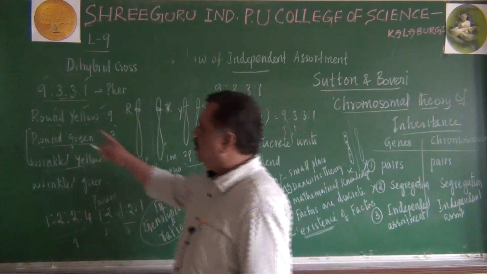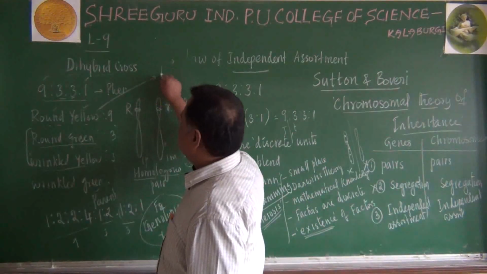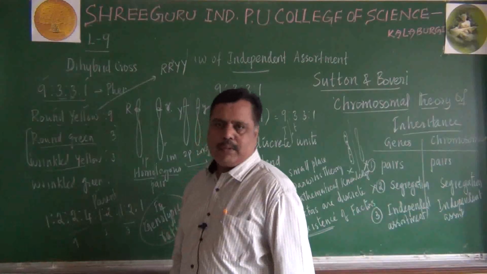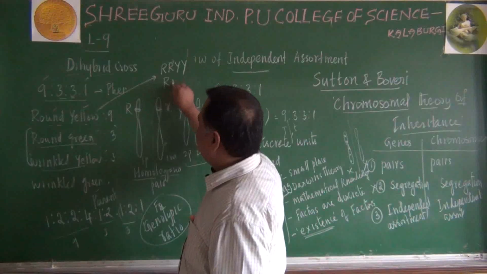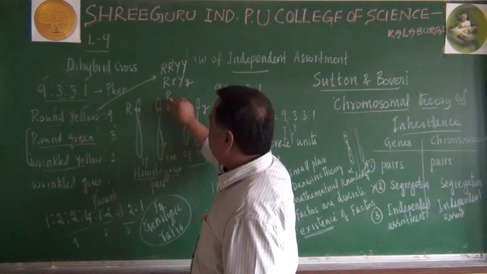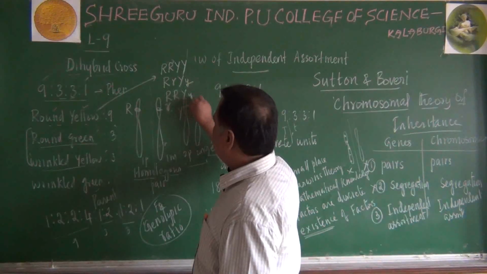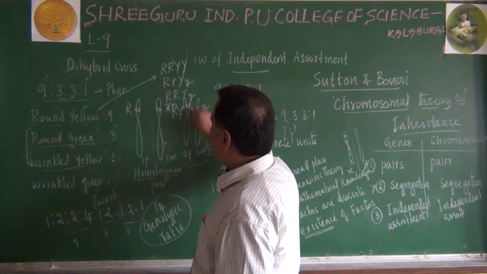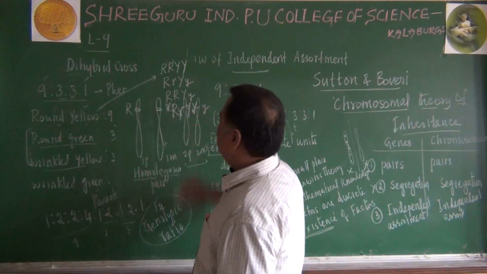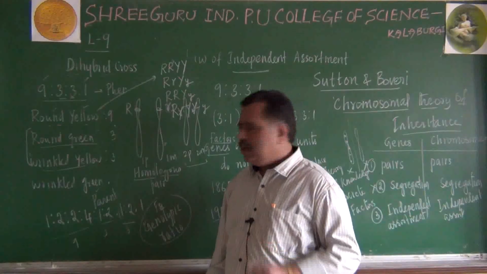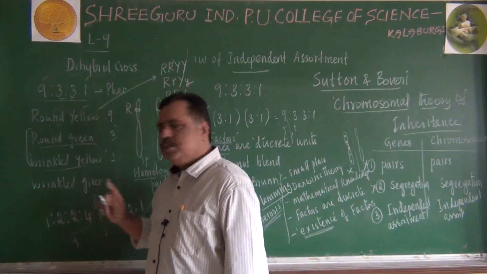For example, round yellow can be either capital R, capital R, capital Y, capital Y. Or it can be capital R, small r, capital Y, small y. Or it can be capital R, capital R, capital Y, small y. Or otherwise, capital R, small r, capital Y, capital Y. Round yellow can occur in 4 genotypes. That 4 is 1:2:2:4.